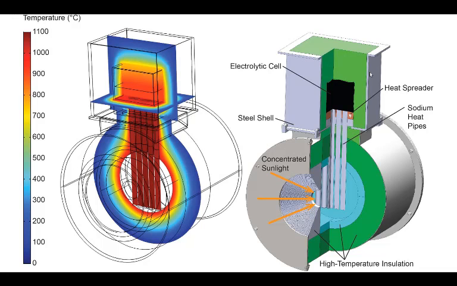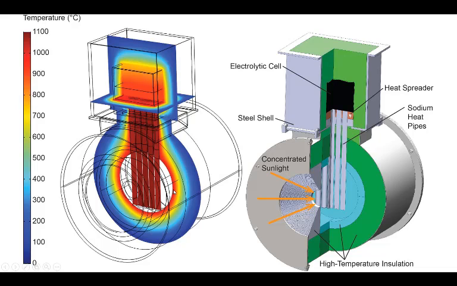This is a picture of our three-dimensional CAD model of the solar receiver and the heat pipes, along with the numerical model. The receiver contained the heat pipes, high temperature insulation, and the device that we were trying to heat. On the left, you can see a picture of the numerical result.